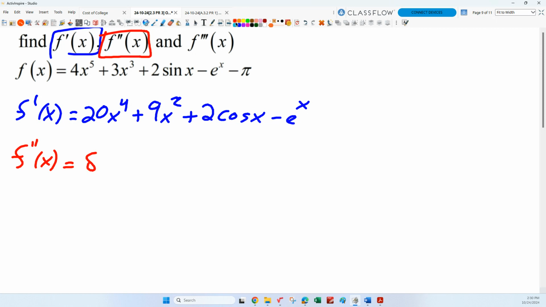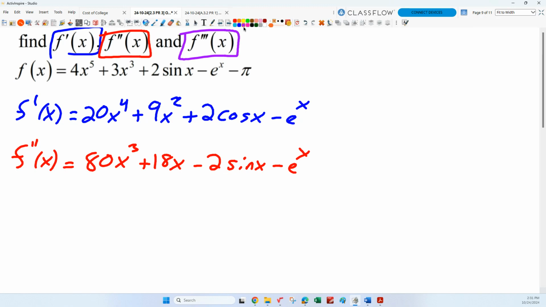Why did I get 18 plus 2? Minus 2 sin x. Minus 3. Third derivative. No, we're only going to the third one. But if it kept going.